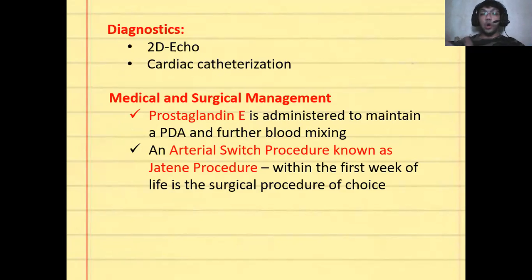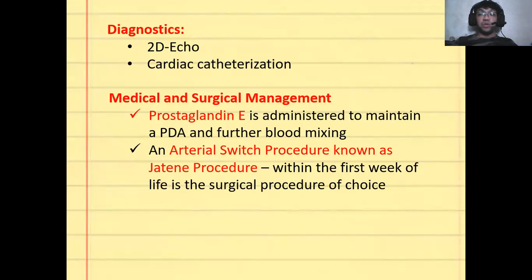It will keep it open in order to allow the mixture of oxygenated and unoxygenated blood in the pulmonary artery. And within the first week of life, which will improve the child's well-being, an arterial switch procedure known as the Jatene procedure is going to be done.